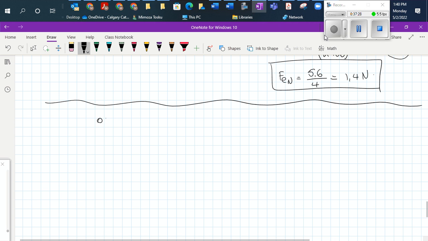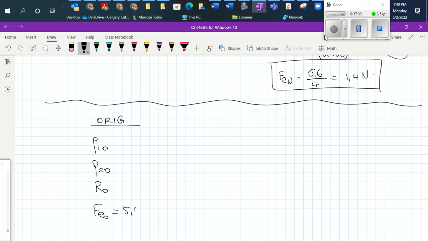So let's suppose that we have, as the original situation, Q1 original, Q2 original, radius original, and as a result of the combination of those three, we have 5.6 newton magnitude of the force.